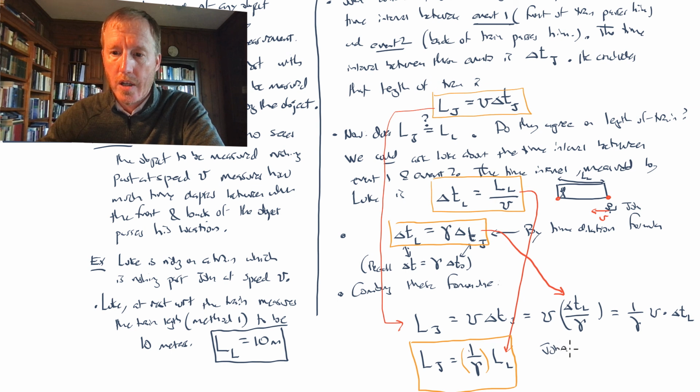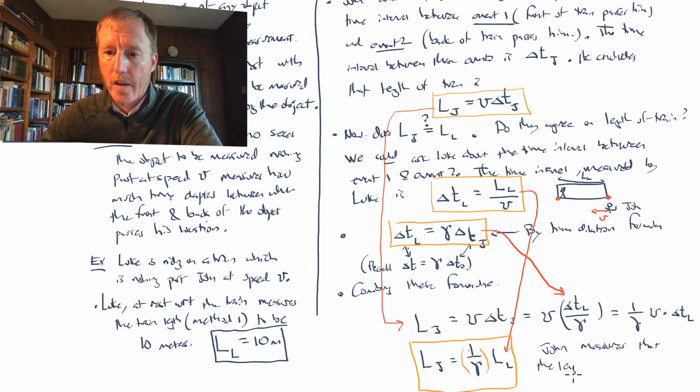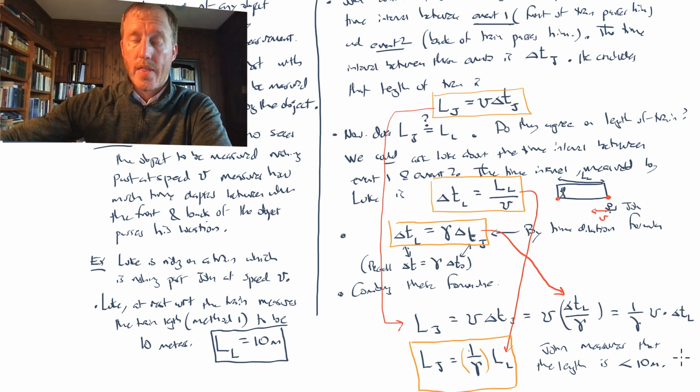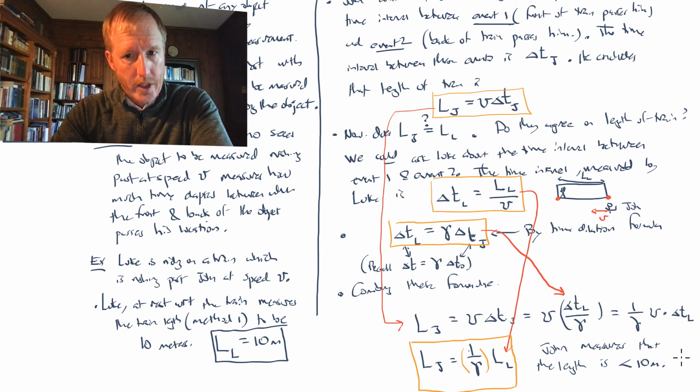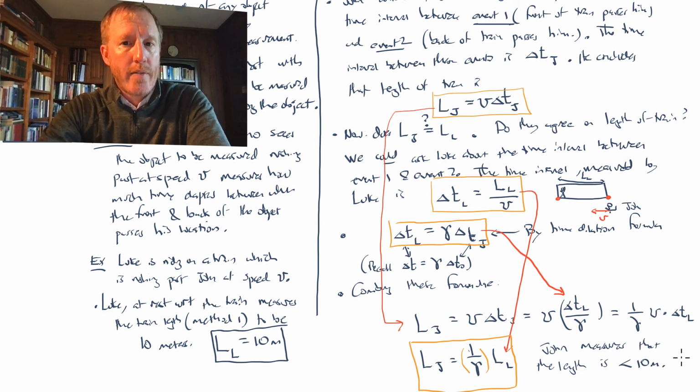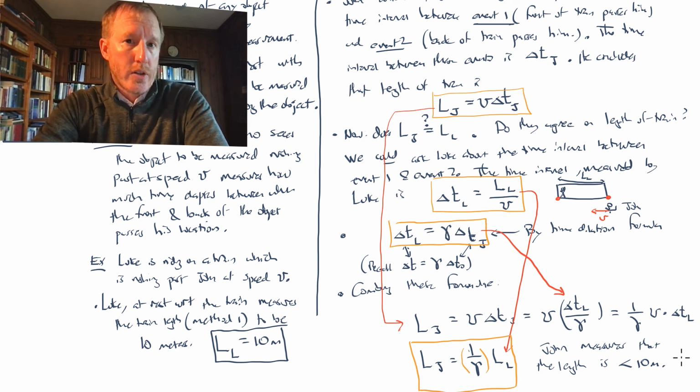So John measures that the length of the train is less than 10 meters, right? That's what we've arrived at. Again, you might be a little bit uncomfortable with the calculations we've done. If you're uncomfortable, you can go back through and look at how we did this. We haven't really made any preposterous assumptions here.